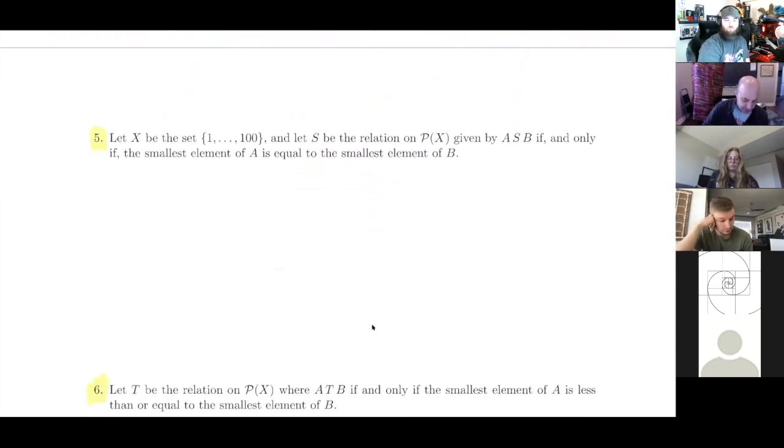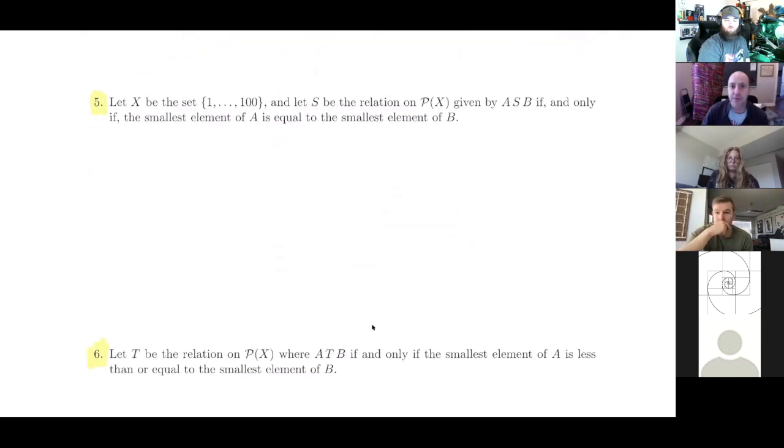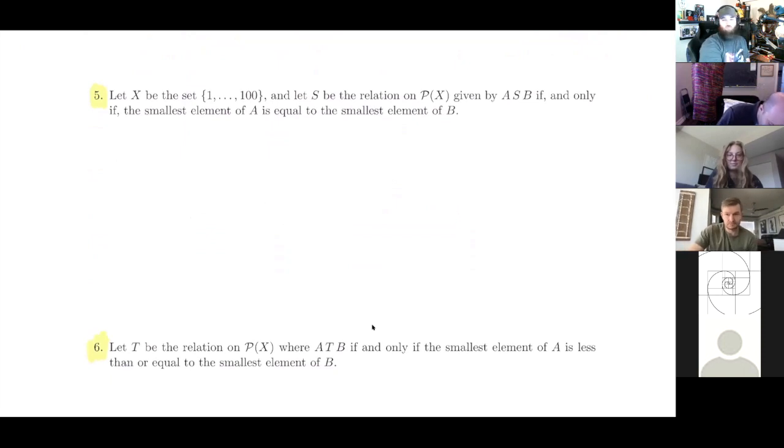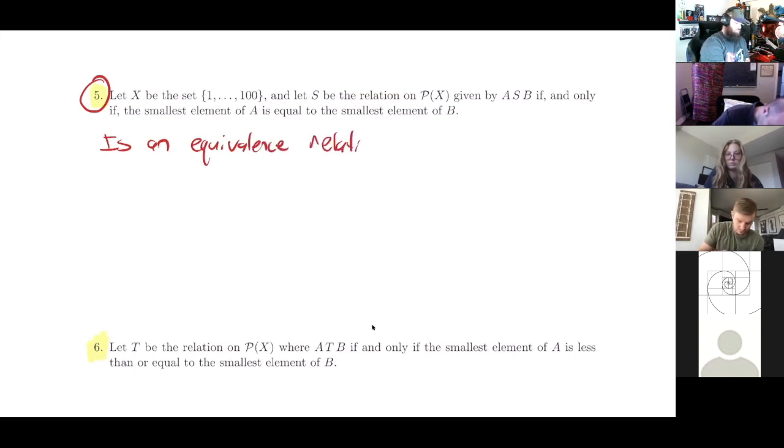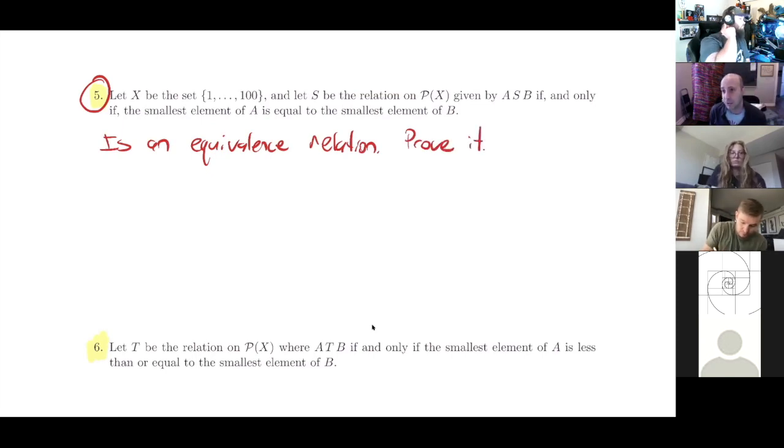Okay, I'd like you to work in groups, so we can break up into two groups here. I'd like you to try and prove that this is an equivalence relation, or just think about how you could prove that.